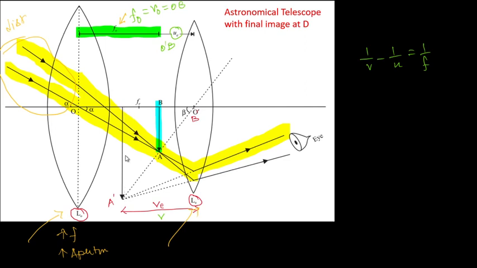So it makes an image of the second lens, and that exactly matches with the D. Therefore the second image falls here, and you can call it A dash B dash. So this is the image formed by the second lens, that is the eyepiece.